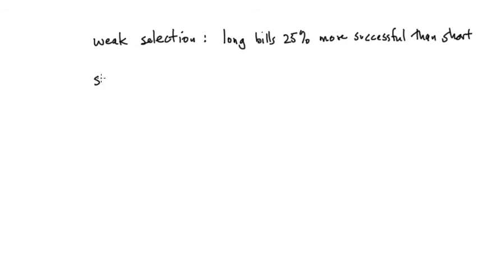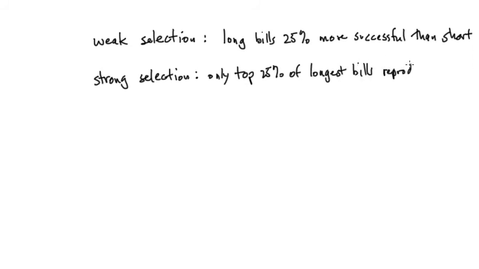An example of weak selection on beak size would be if long-billed birds had a 25% advantage in fitness relative to short-billed birds. In contrast, it would be strong selection if only the top 25% of birds with the longest bills survive and parent the next generation. Now, which of these two will result in faster evolutionary change? Bigger steps with each generation, causing more change over less time.